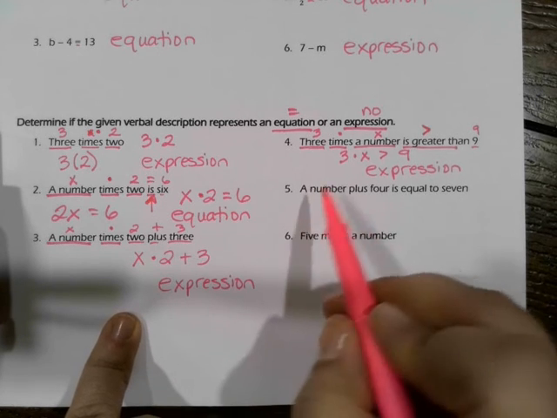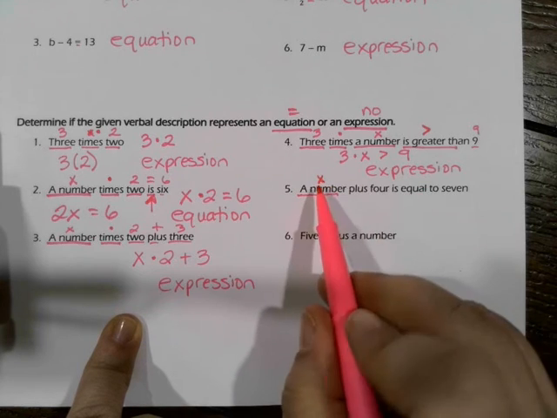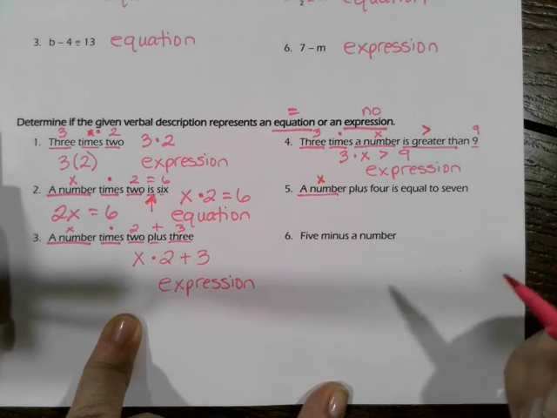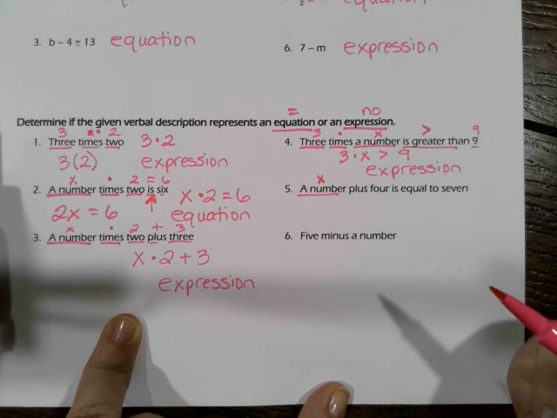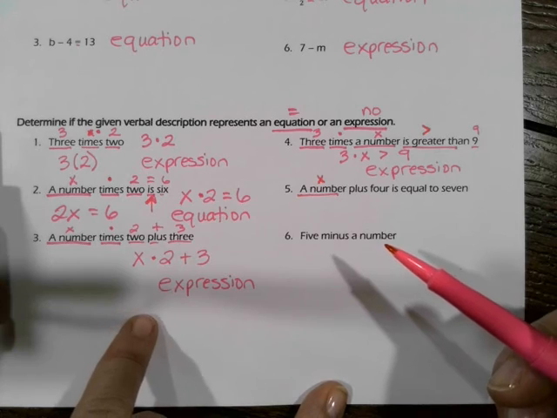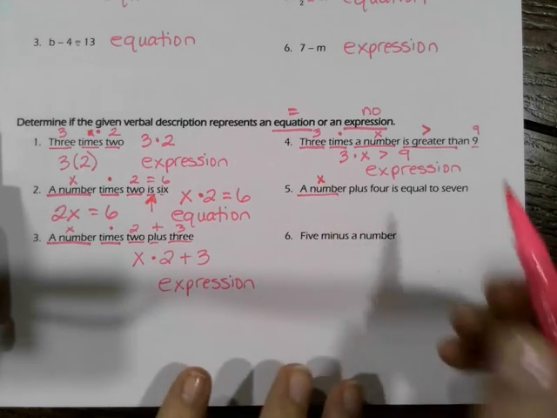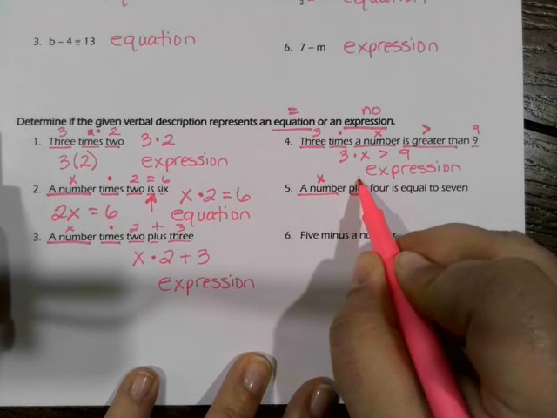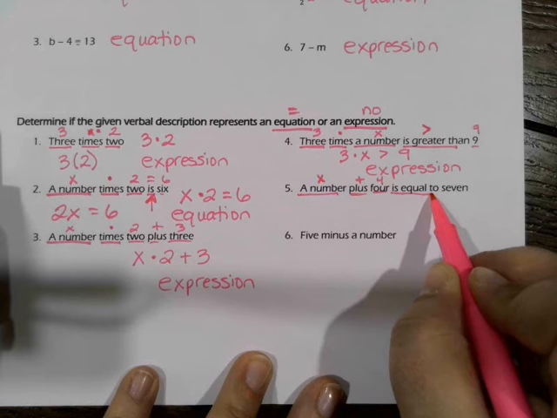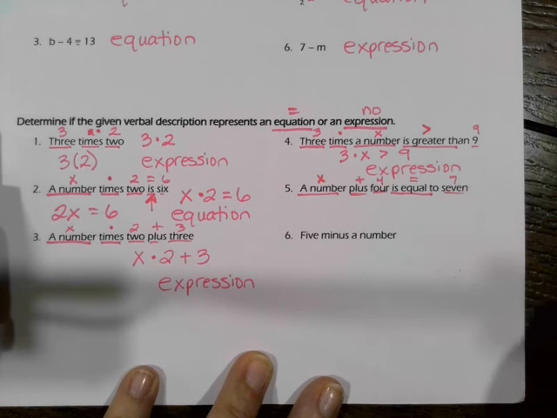All right, number 5, we have, again, a number, which I don't know what it is, so I'm going to use x. Again, you can use any letter, though. If you want to use the letter of your name, go for it. Just if your name is like Olivia, don't put an O, because an O, you're going to get confused with a 0. But any other letter is fine. A number, x, plus 4 is equal to, that's pretty straightforward, is equal to, and then we have 7.